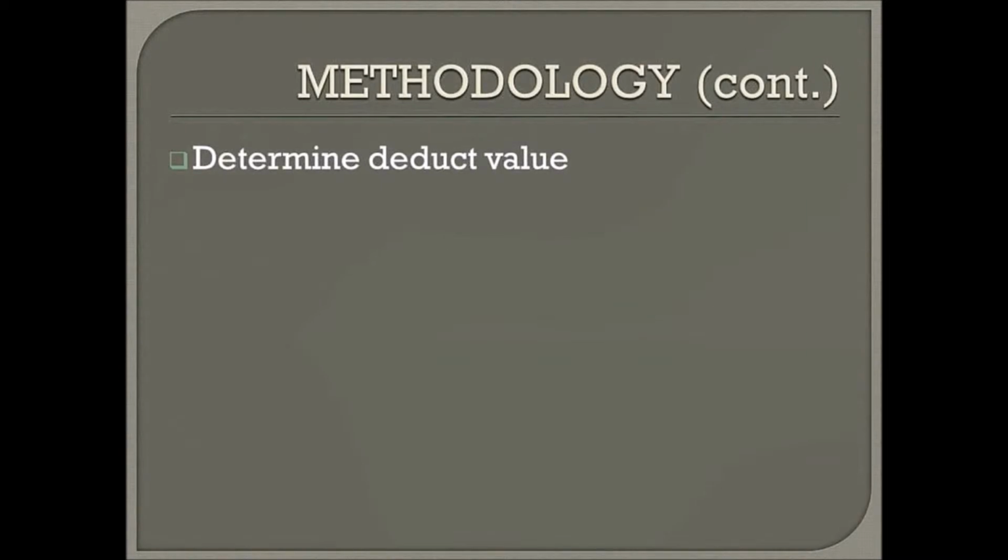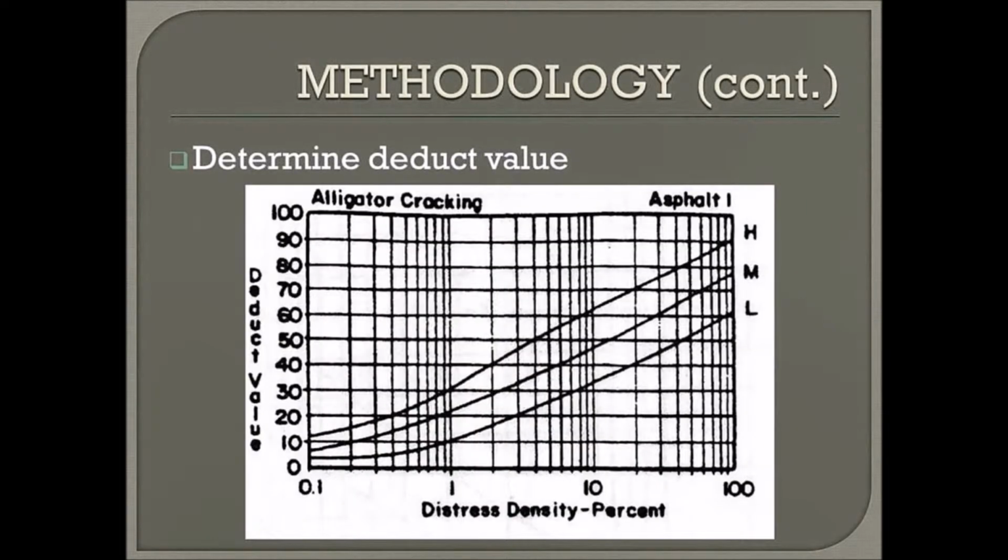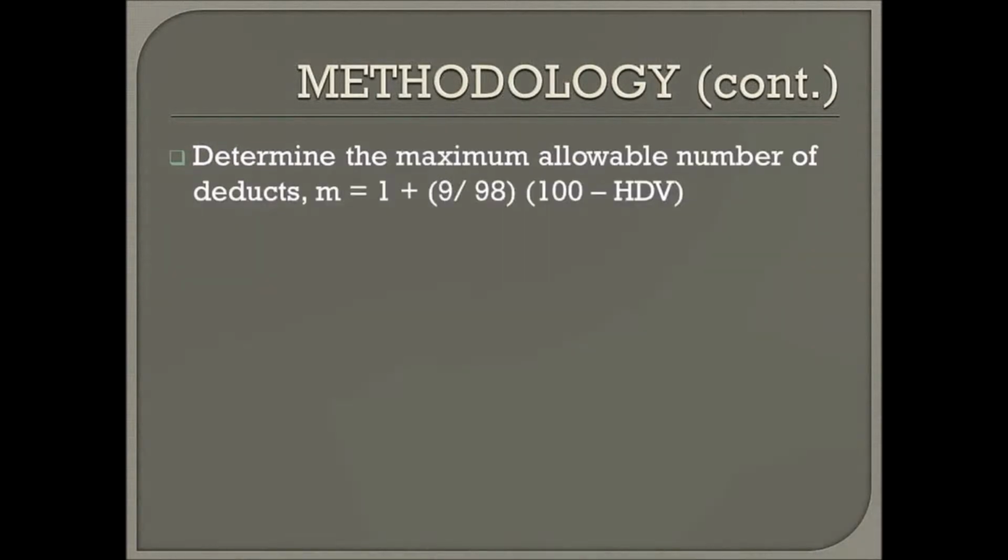Secondly, determine the deduct value. Determine the deduct value for each distress type and severity level combination from the distress deduct value curve below. Third, determine the maximum allowable number of deducts m. It can be calculated by the following formula.